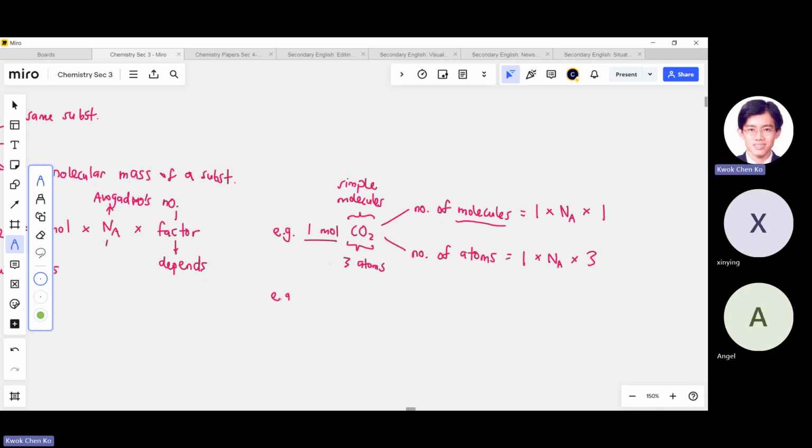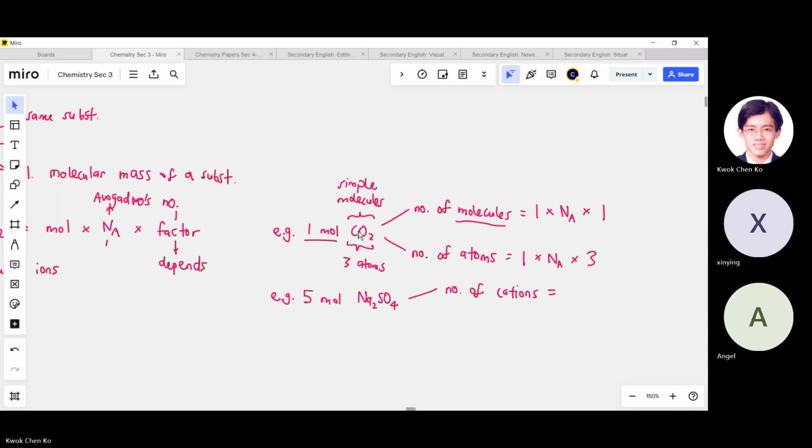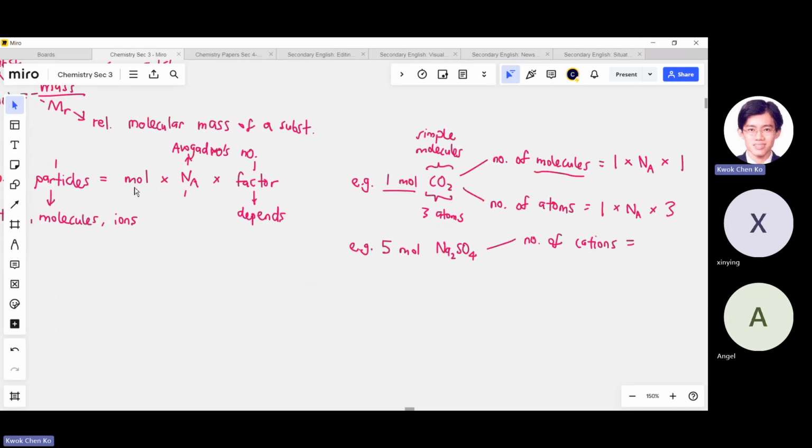Okay, one more example before we move on. Let's say I have 5 moles of sodium sulfate. They ask you for the number of cations. Now I use the same formula. Mole of sodium sulfate is 5.